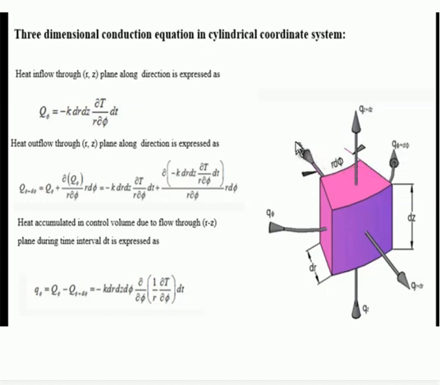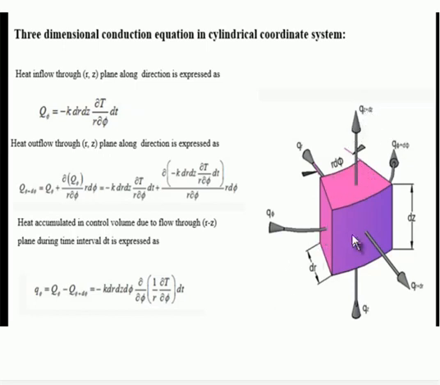It also enters as Q r and exits as Q r plus dr, and enters at the bottom face as Q z and exits at the top face as Q z plus dz.